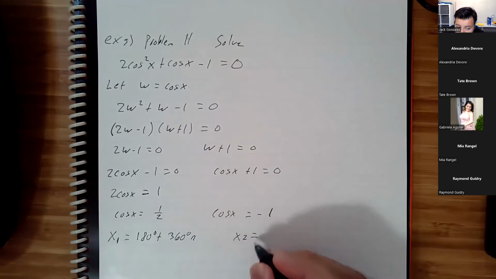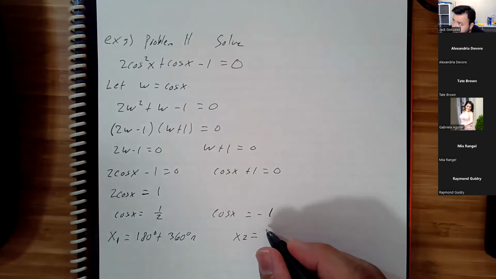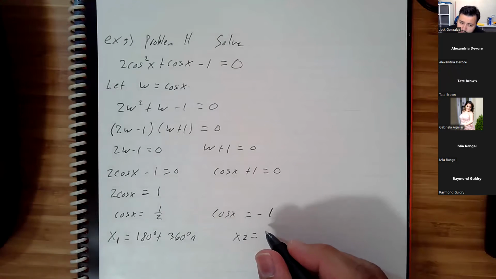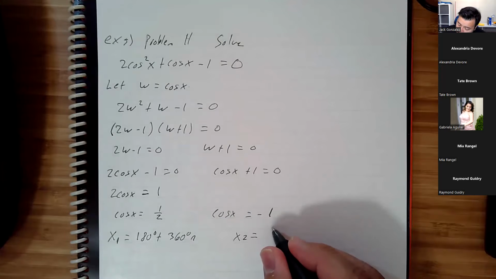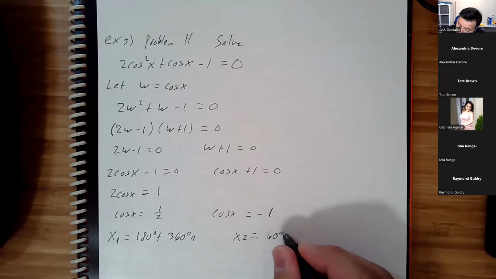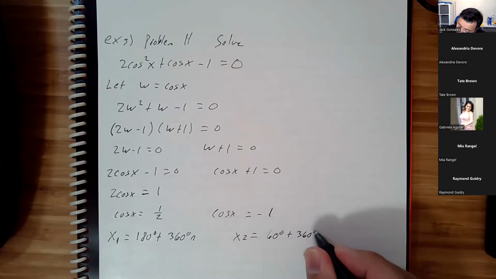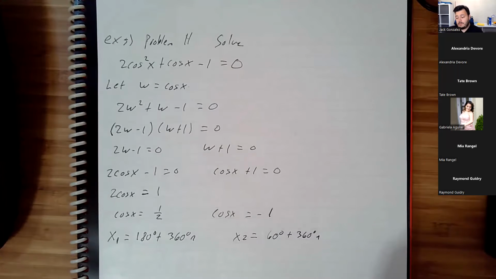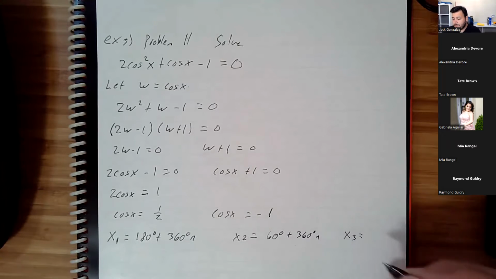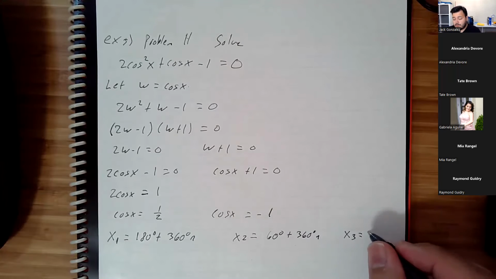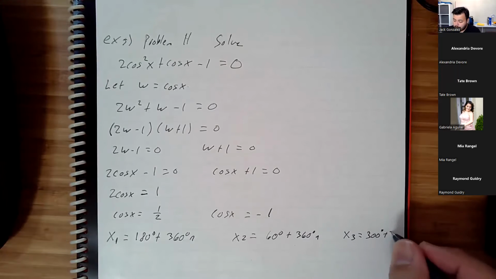Second solution will be, 1/2 for cosine is 60 degrees. And then the last one will be 300 plus 360 n.